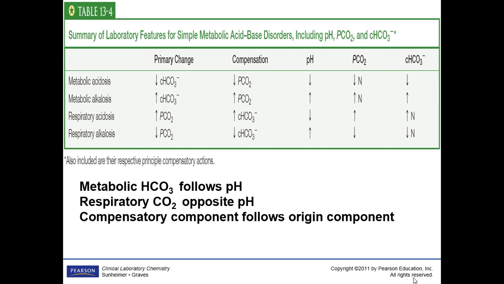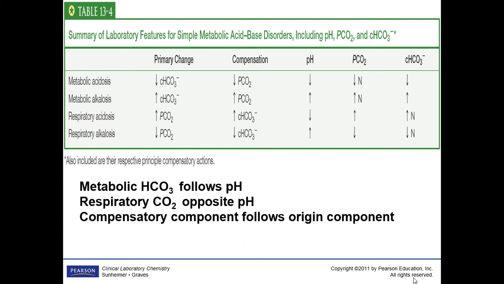One's up and one's down. Okay? And because the pH is up, it's going to be alkalosis. Then the other party, whichever one isn't causing the problem, is going to start compensating. And they always follow the source of origin. Okay?